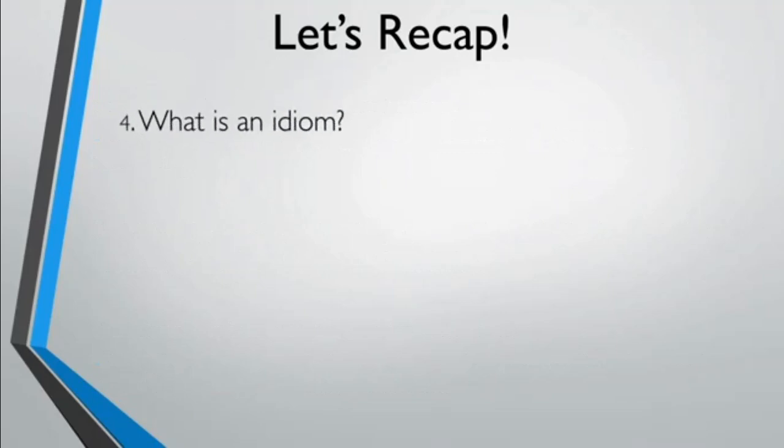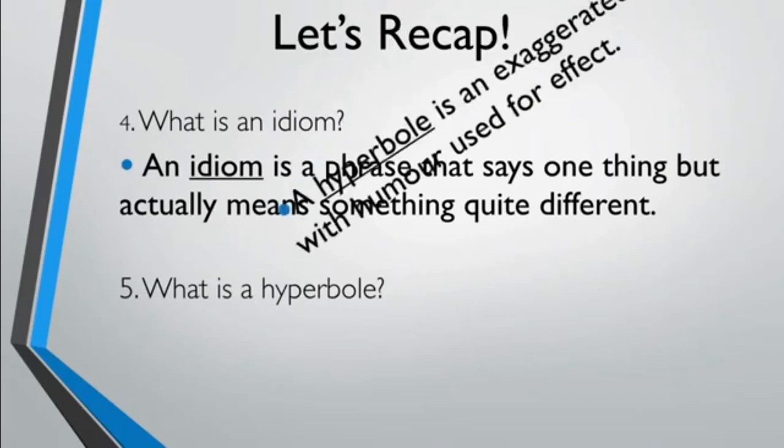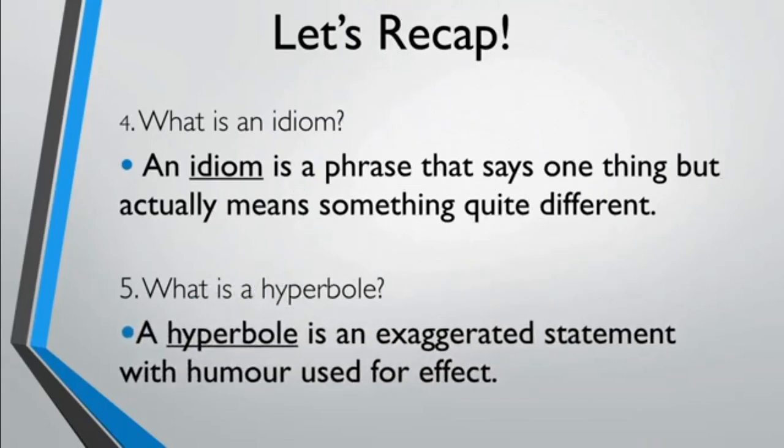What then is an idiom? If you said an idiom is a phrase that says one thing but actually means something quite different, you're on the roll. And lastly, what is our last question? What is a hyperbole? If you said a hyperbole is an exaggerated statement with humor used for effect, you are absolutely correct.